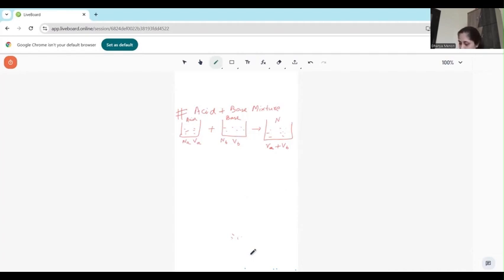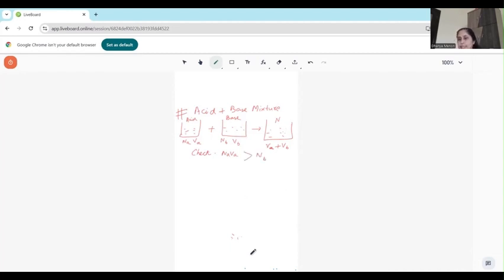Normality is the number of gram equivalents over volume, so gram equivalents is NV. If the gram equivalents of acid is greater than the gram equivalents of base, that means the solution is acidic.